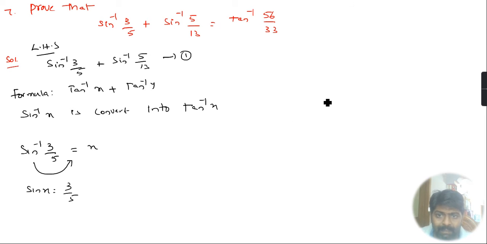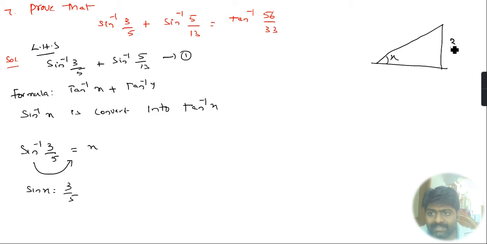So in the triangle with angle x, what is sin? Opposite side by hypotenuse. So this is 3 and this is 5.